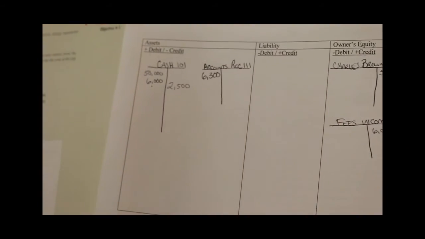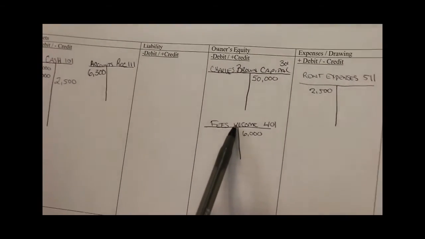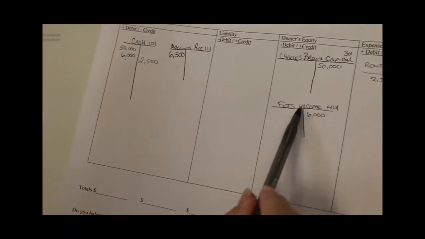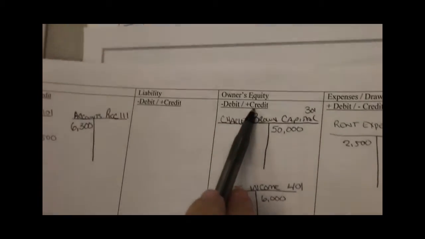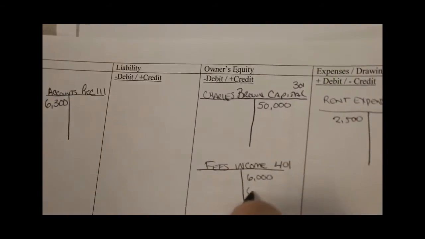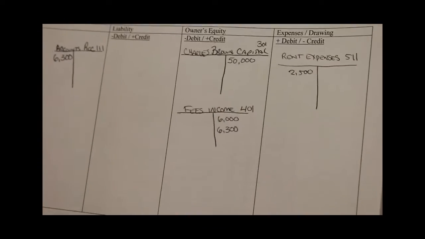It is part of our revenue. So, what am I going to do? I'm going to increase our income by $6,300 by crediting it. $6,300. Okay.